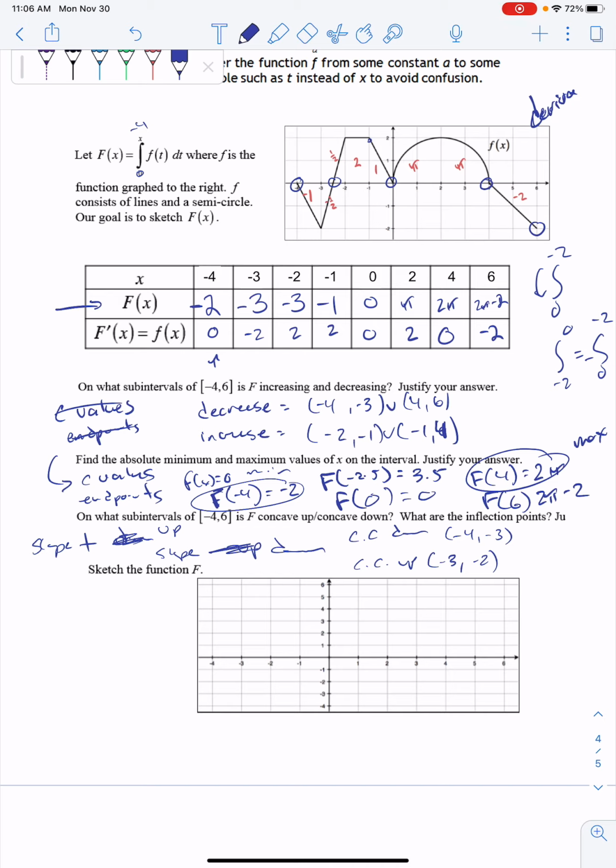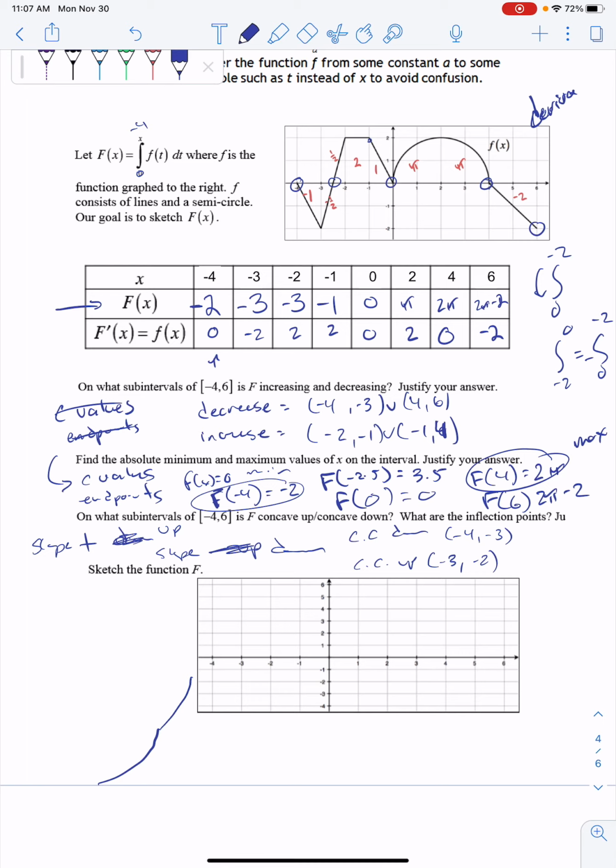So from negative 2 to 1, what am I doing? I'm not changing. But if I look at the middle, if I look to the left, I'm negative. If I look to the right, I'm at 0 of my interval. So what's happening is I've got a positive slope, and then it levels out, and then I still have a positive slope.